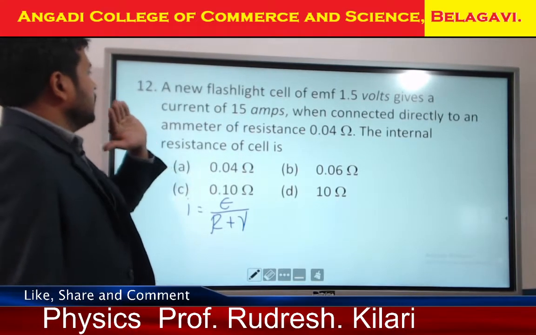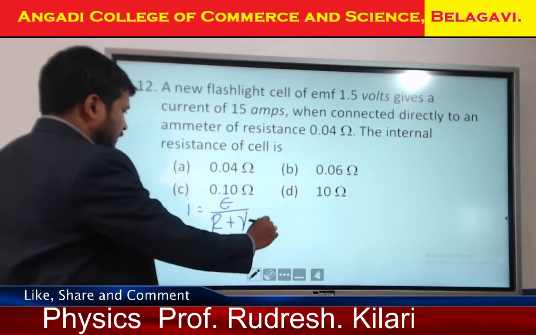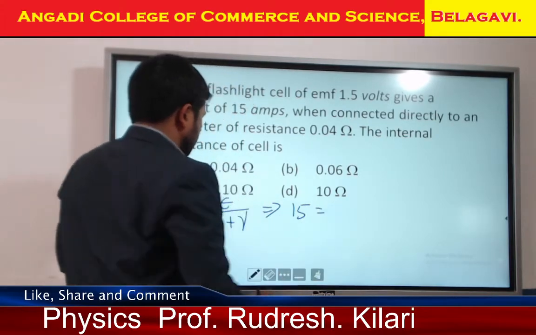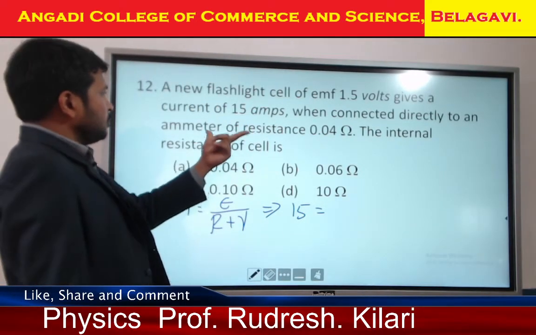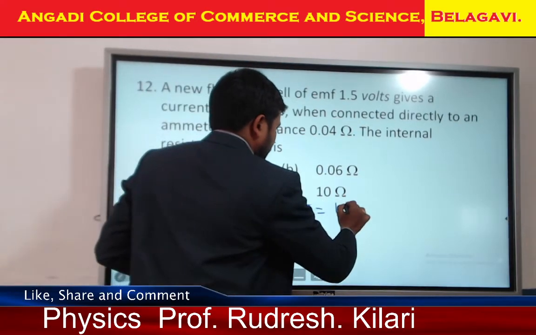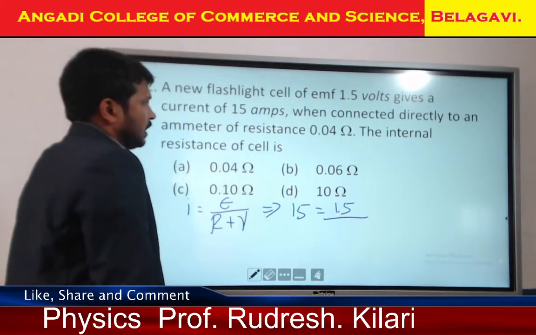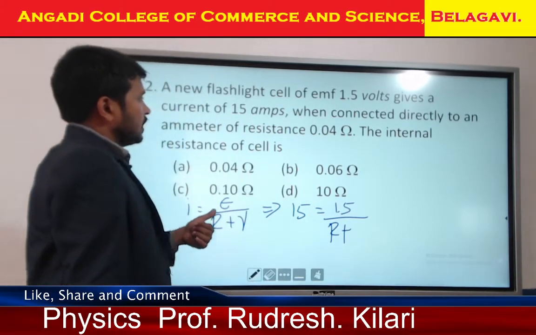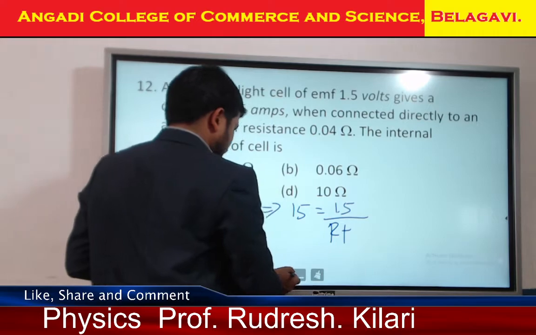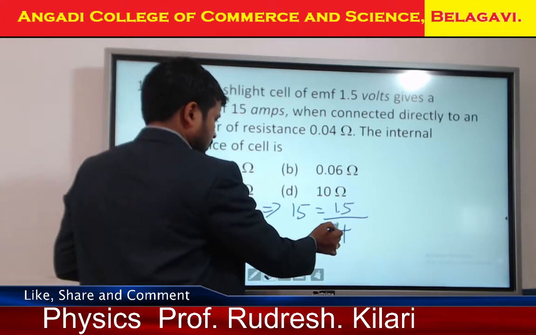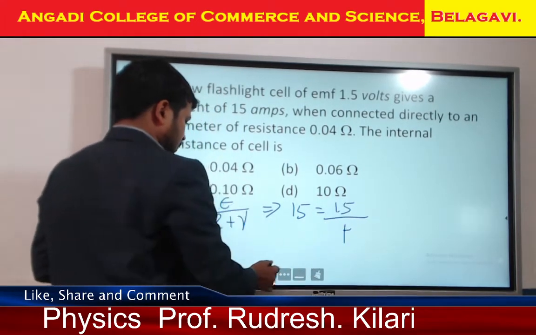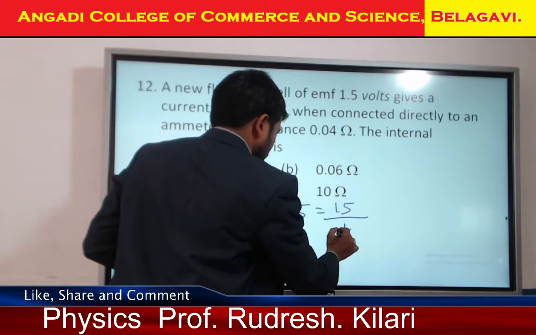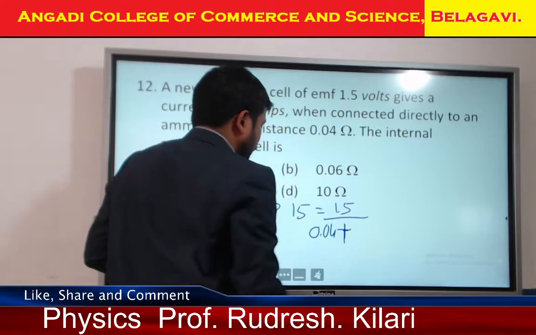First, the current is given. What is the value of current? 15 equals epsilon, the potential, that is 1.5, divided by R plus r. R is also given, students. R is given as 0.04.